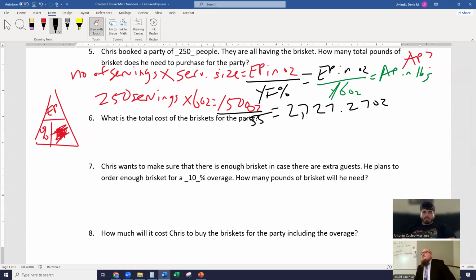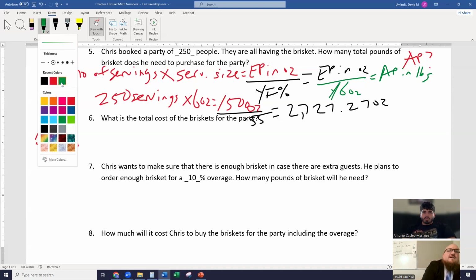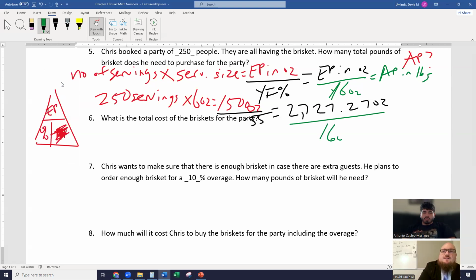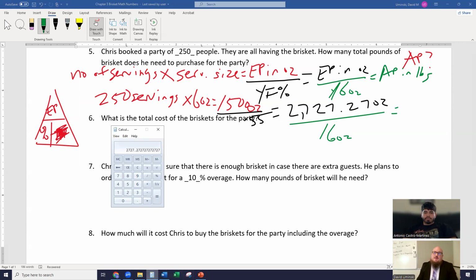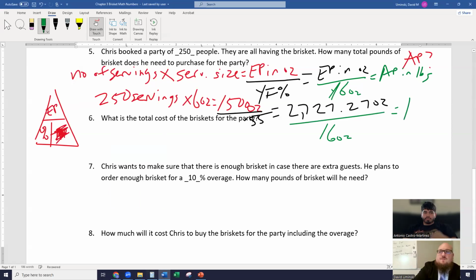Do I call up Cisco or Ben E. Keith and say, hey, I need 2,700 ounces of brisket? No, we order it by the pound. So that's why we're going to divide by 16 ounces. We take that same number, divide by 16, and we get 170.45 pounds.